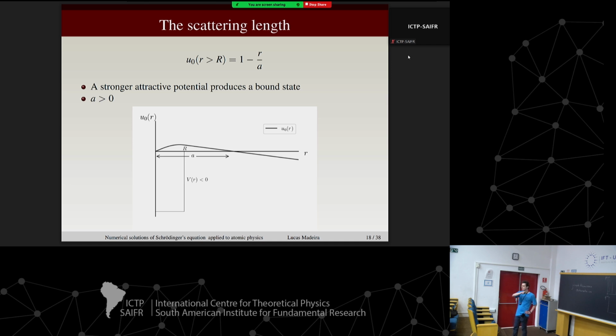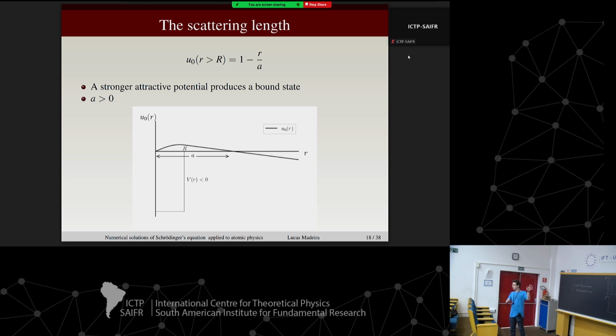The scattering that I'm dealing with here conserves the total energy, okay? So here you have a bound state in the sense that the energy of your system is negative. That's why you were able to confine your particle in a region of space.